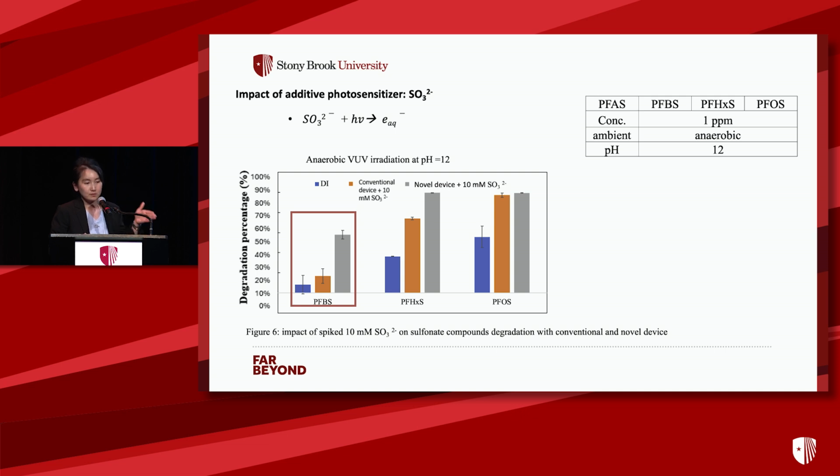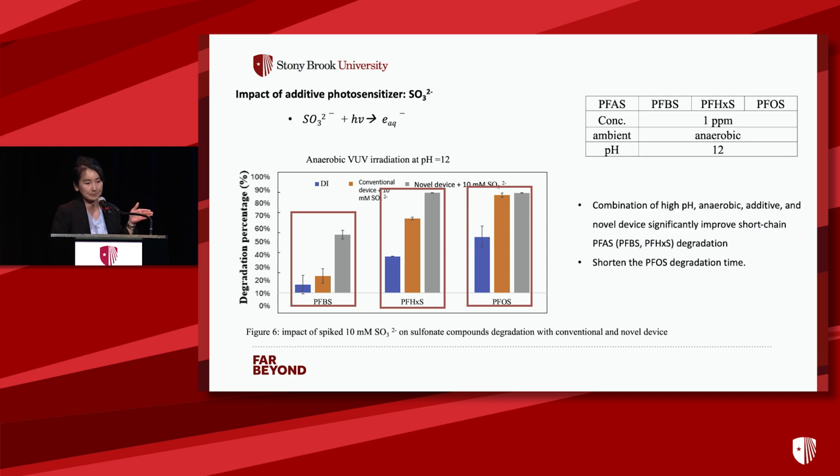And when we add the photosensitizer in the novel device, presented in the green bar, we see a significant increase with the novel device, optimized condition, and external photosensitizers. A similar trend was observed for PFHxS and PFOS.